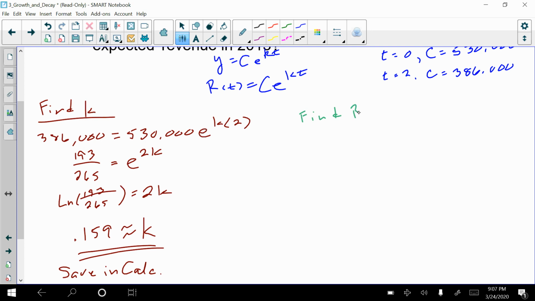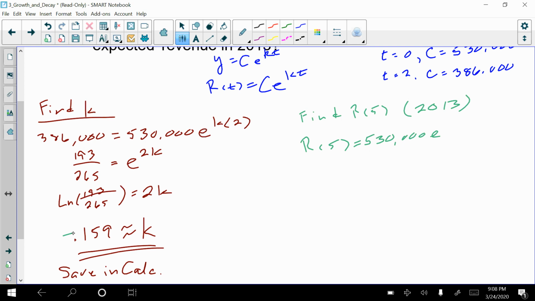Find R of 5, which would be the year 2013 when 5 years have passed since the 2008 initial time. So this is going to give us R of 5 to be equal to the initial amount, $530,000 times e to the, and this is a negative number. I forgot to put the negative sign on the k value. It's definitely a negative number because we are experiencing a decline.